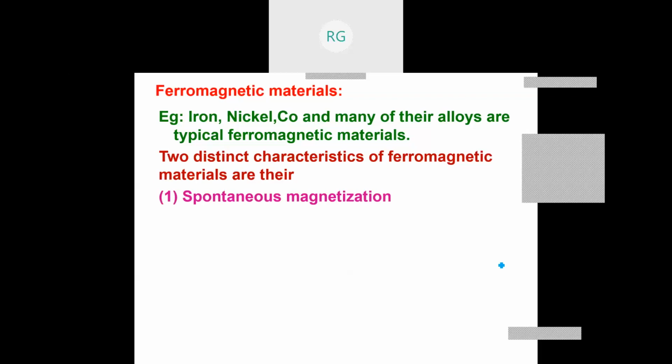That means the net dipole moment is not zero within the domain only, but different domains may be aligning in different directions, and hence the total magnetization of the sample may be zero. But non-zero magnetization even in the absence of an external magnetic field is called spontaneous magnetization.